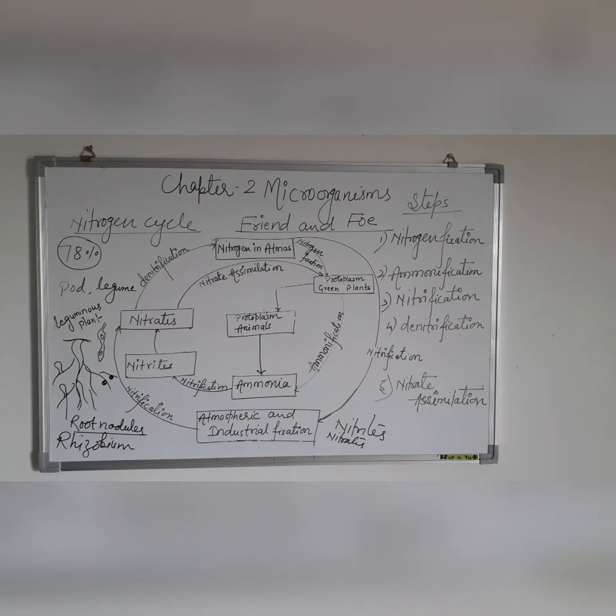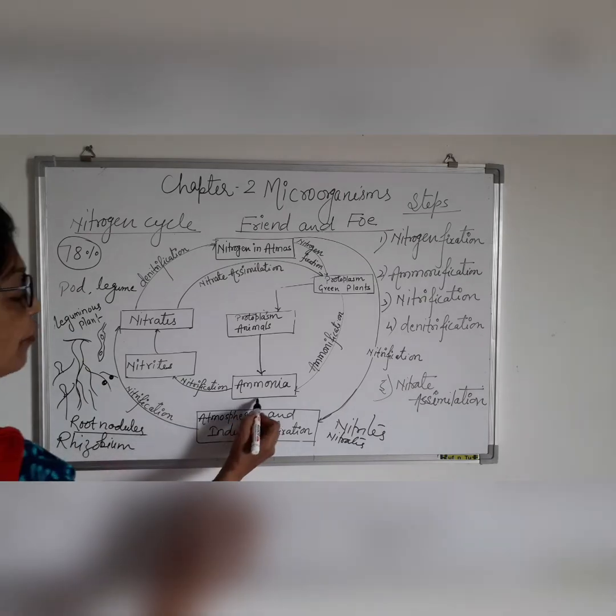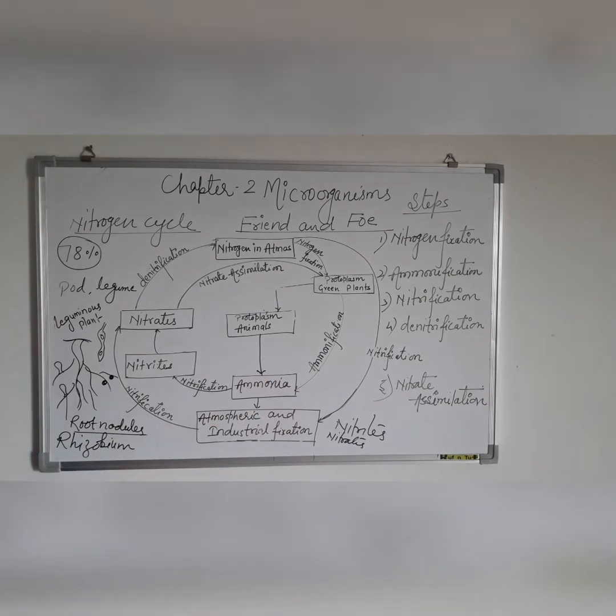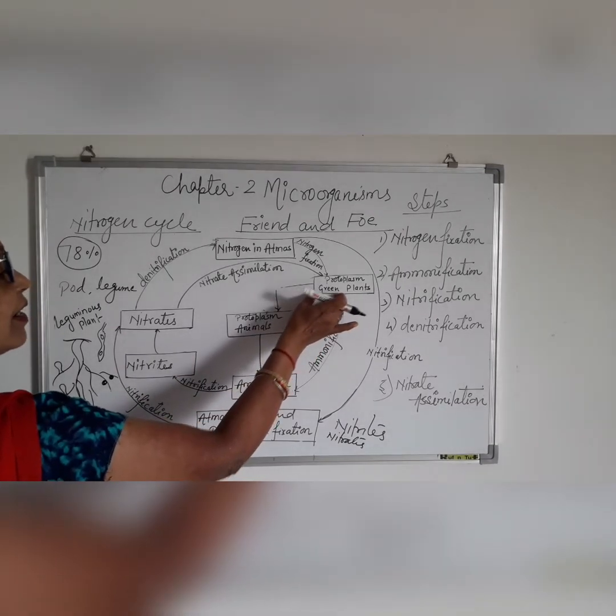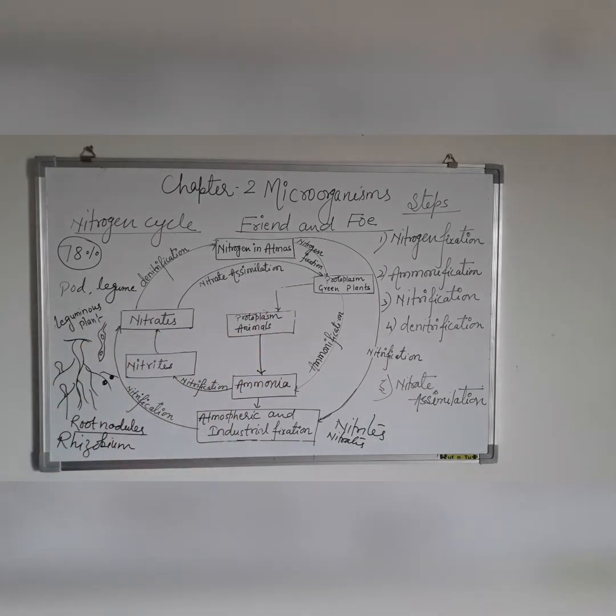The second step is ammonification. What is ammonification? As we have seen, the plants have prepared their protoplasm, animals have prepared their protoplasm. When the plants and animals die, their dead remains come onto the soil, or we can say mix into the soil. The soil contains certain types of bacteria and fungi which help in decomposition of the proteins present in plants and animals.